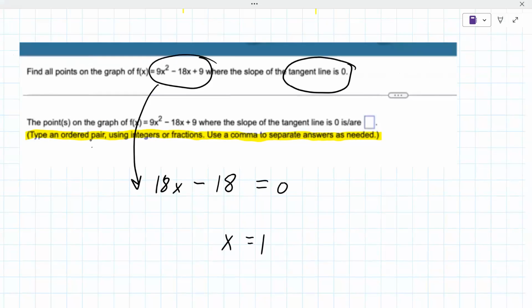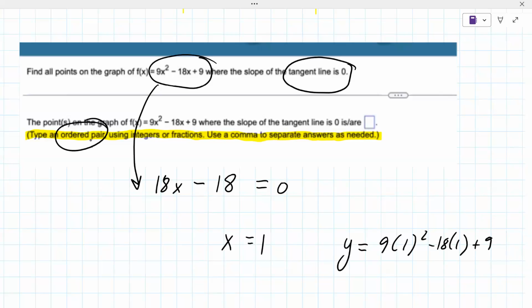It says ordered pair, which means we're not quite done. The x value is 1. To get the y value, you have to put it back into the original. So I get 9 minus 18 plus 9, which happens to be 0.